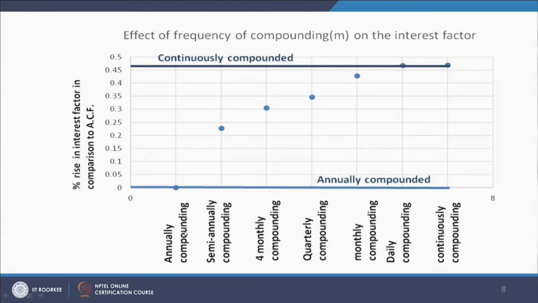When the frequency of compounding increases, annual compounding falls on the annually compounded line, semi-annual picks up, then 4-monthly, then quarterly, then monthly, then daily compounding. So, at daily compounding, it almost touches the continuously compounded factor.